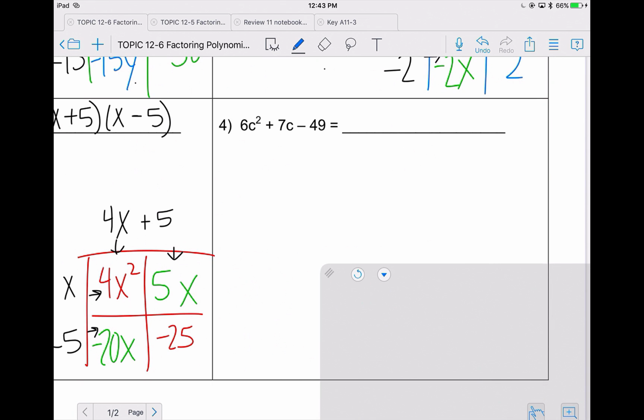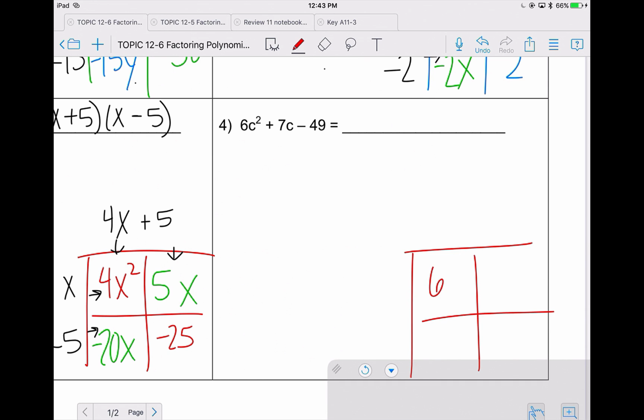Problem 4, I see all numbers, so I don't have any 1s, so I need to look for a GCF. 6 is 2 and 3, 7 is prime, 49 has a 7 in it, but 6 does not have a 7, so there is no GCF. I start by filling in my box. I have 6c squared and negative 49. Both of those multiply to be my product, which is a negative 294c squared.